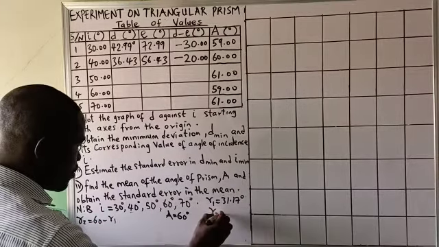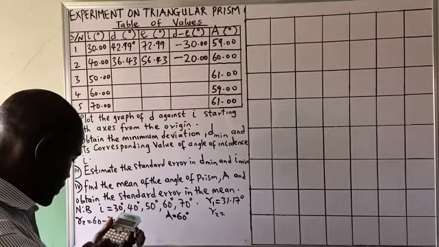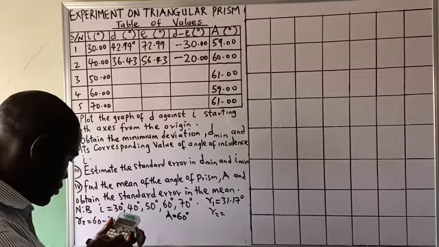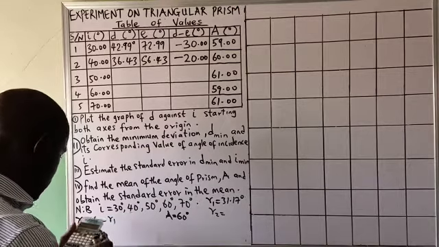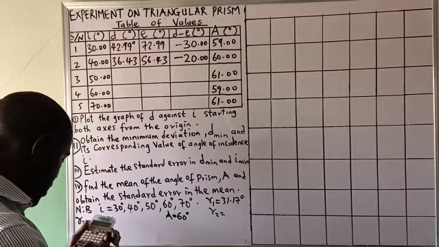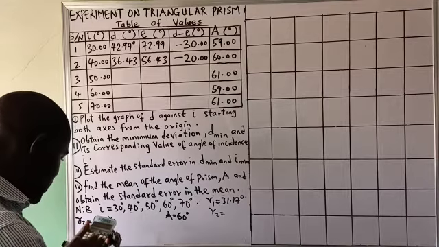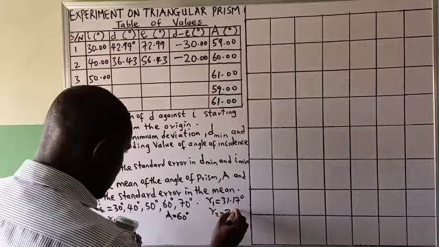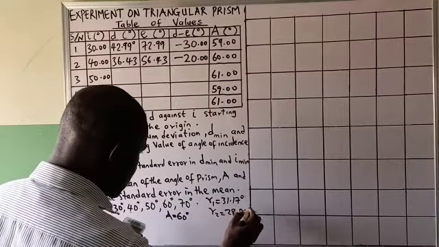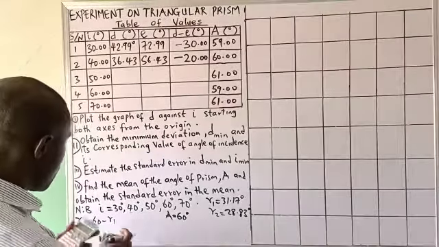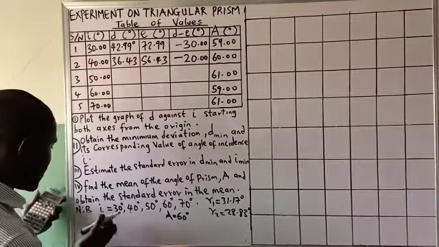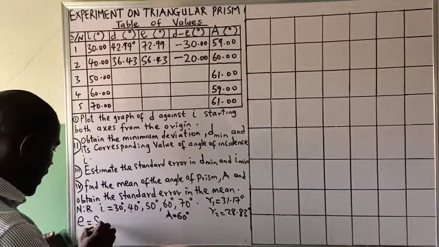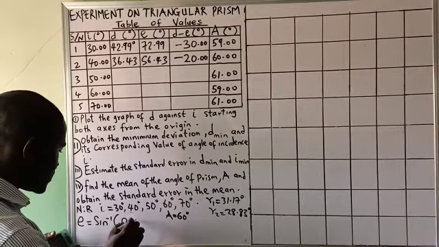Therefore, R2 will be equal to 60 minus 31.17. That will be giving us 28.83 degrees.